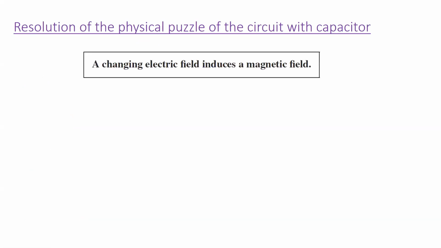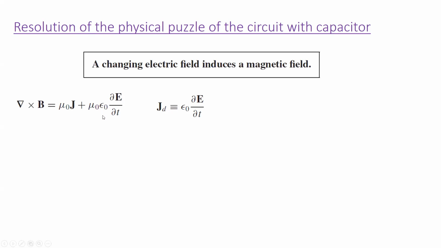So resolving the physical puzzle of the circuit with the capacitor, again, a changing electric field induces a magnetic field. So we have our new Ampere's line integral law, often called the Ampere-Maxwell law. Maxwell called this term epsilon naught dE dt the displacement current.